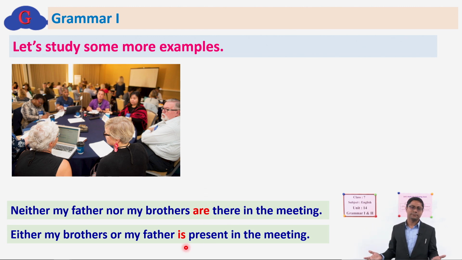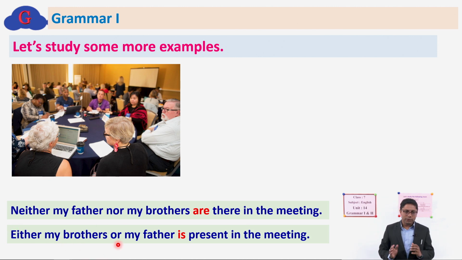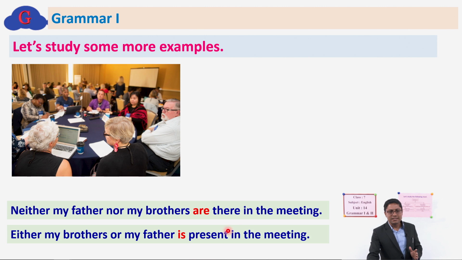Can you say? Okay. So, in case of neither nor or either or, we look at the closest subject to the verb. So, here the verb is are, and the nearest subject is my brothers, and brothers is a plural noun. So, we have are, and in the second one my father is the closest subject and father is a singular noun.